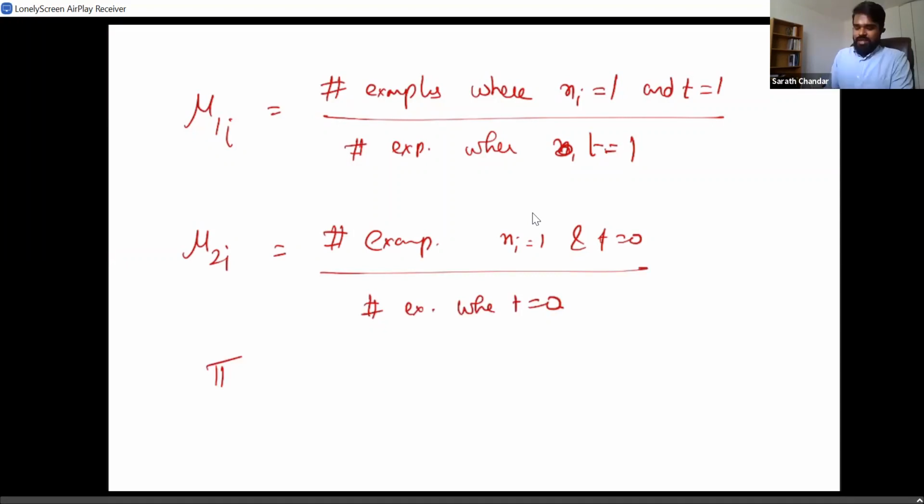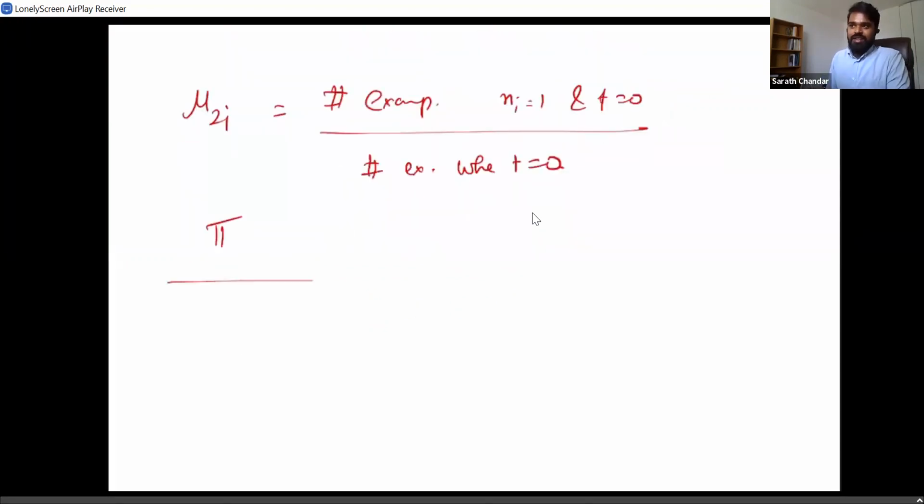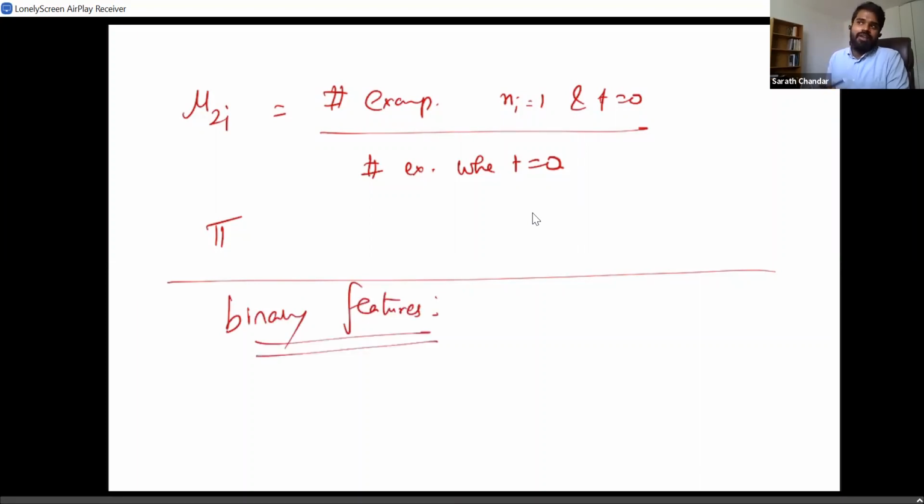Okay, so what have we done here? We considered binary features, and the maximum likelihood solution in this case is simply counting things, right? Similarly, if you want to generalize this to discrete features which have more than 2 possibilities, in that case you're going to have some categorical features.